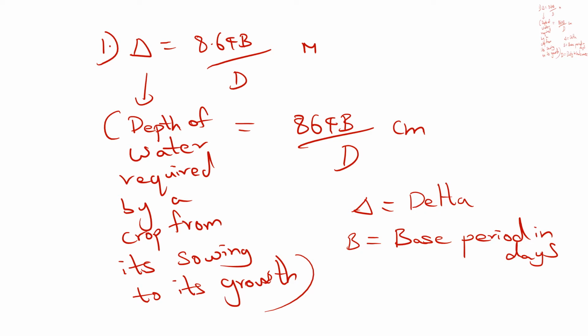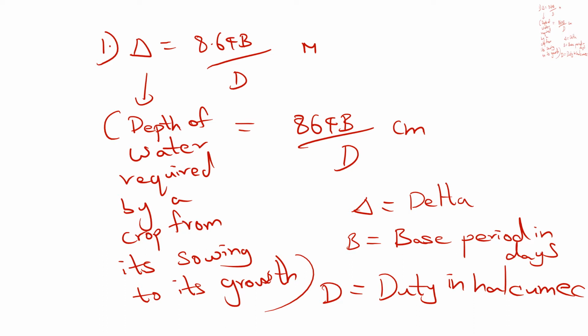Then D is duty. Duty is nothing but, if you are discharging 1 cubic meter per second of water continuously for the growth of a crop in a particular field, that is called the duty.